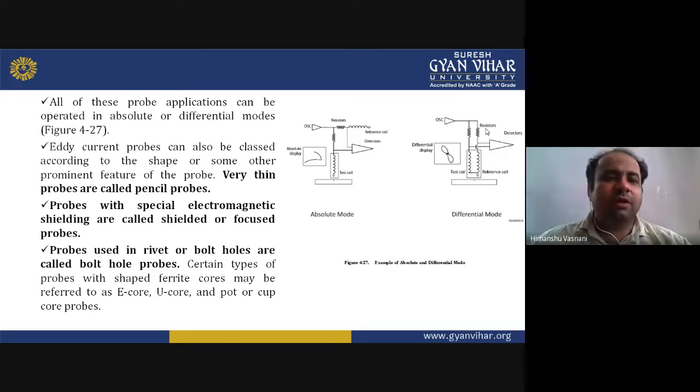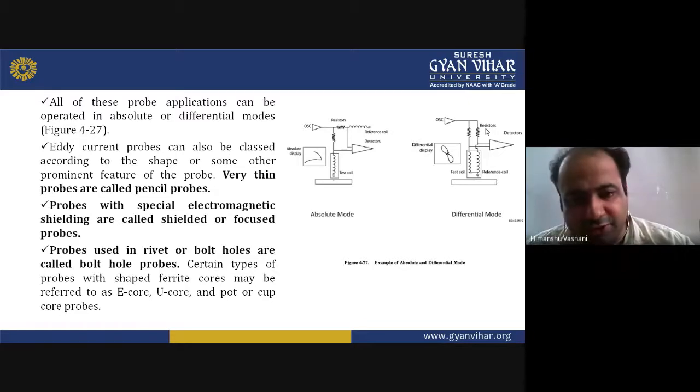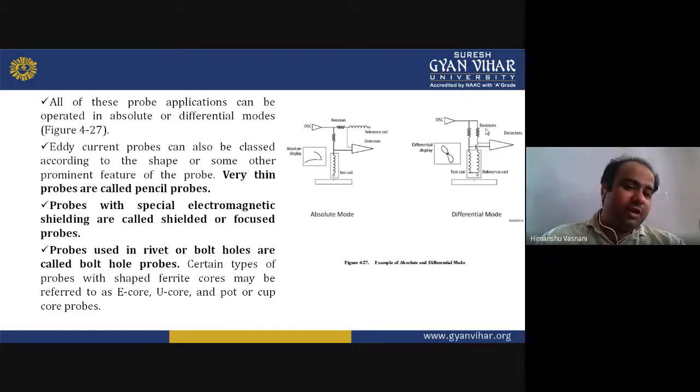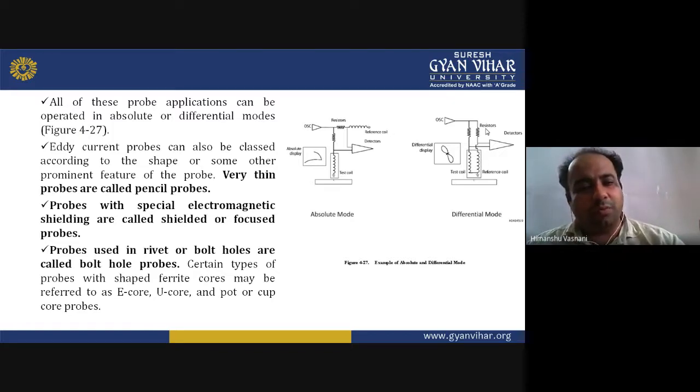Eddy current probes can also be classed according to the shape of some very prominent features of the probe. Very thin probes are called pencil probes, and probes with special electromagnetic shielding are called shielded or focused probes. Probes used in rivets or bolt holes are called bolt hole probes.